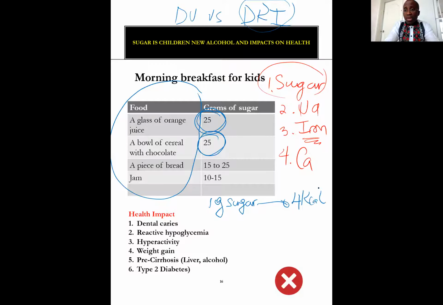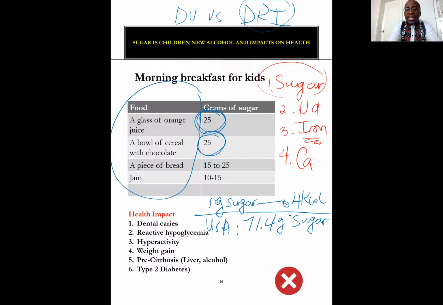So if I take the example of the USA, on average, Americans eat 17 teaspoons of sugar every day. 17 teaspoons is about 71.4 grams of sugar.